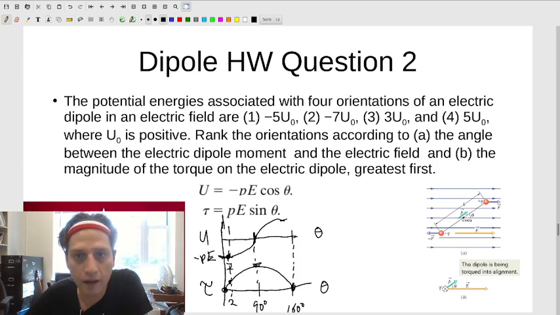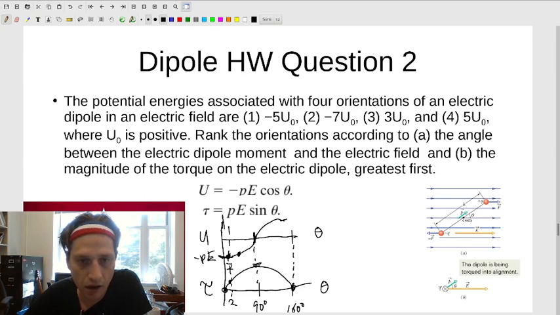And then my minus 5 u naught is going to be a little bit less than that. It's a little hard to see on the drawing, but that's 1. If I go the same relative angle to the perpendicular over here, that's going to be my 5 u naught, so that's going to be my 4.